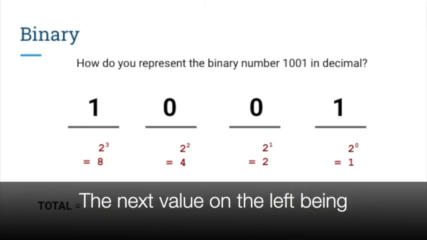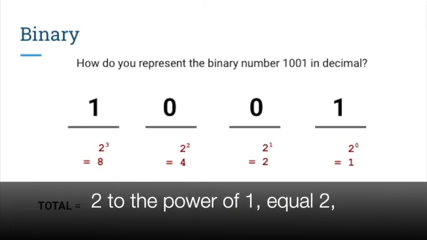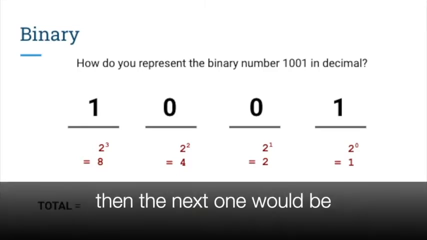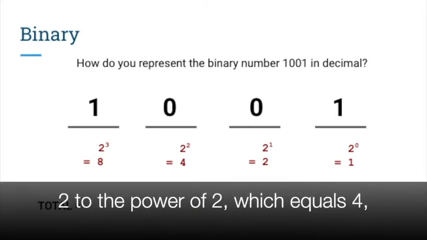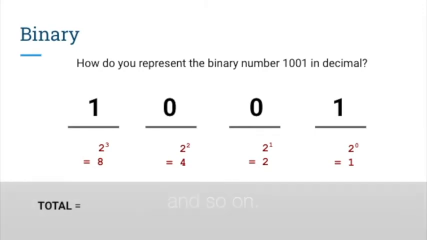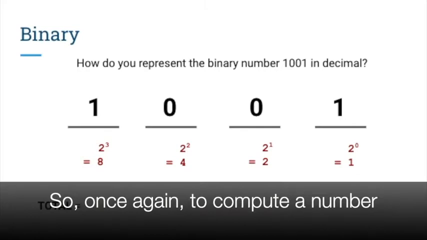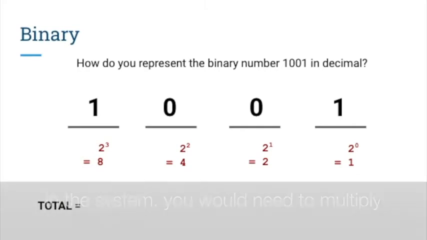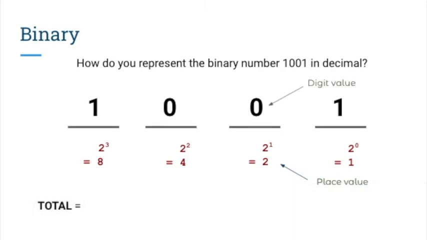The next value on the left being 2 to the power of 1 equals 2. Then the next one would be 2 to the power of 2, which equals 4, and so on. For reference, you can look at the values under the blanks on the screen. So once again, to compute a number in this system, you would need to multiply the digit value by the place value. Here's an example.